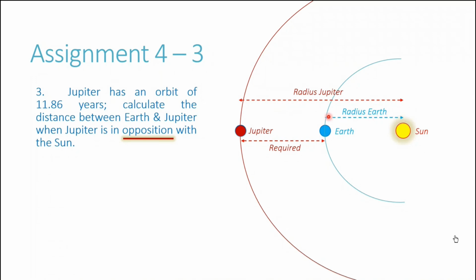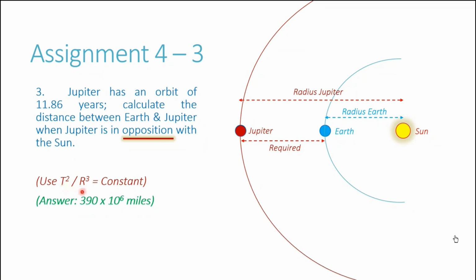So the orbital radius of Earth is known to us. It is 93 million miles. The orbital radius of Jupiter is not known. So is there a way we can find out the orbital radius of Jupiter? Yes, certainly. We can find that in this question using Kepler's third law of planetary motion, which says T squared by R cubed is equal to a constant.